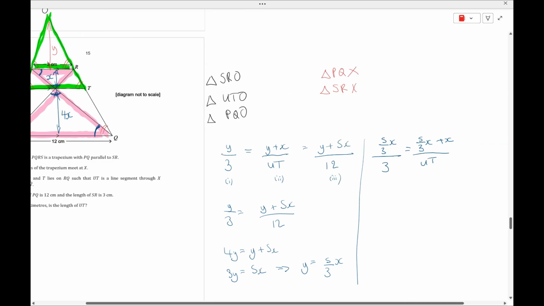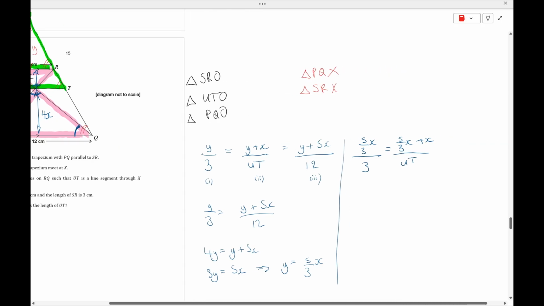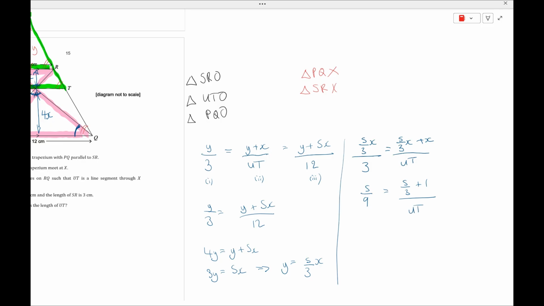There's a few ways I can simplify this, but I'm going to just consider for the moment multiplying both the left and the right hand side by 1 over x, which will give me 5 over 3 over 3. So 5 over 9 equals 5 over 3 plus 1 over UT. So 5 over 9 times UT equals 5 over 3 plus 3 over 3, 8 over 3.